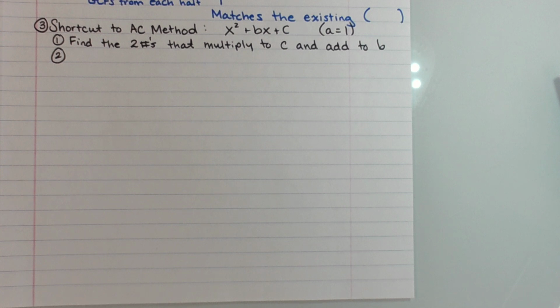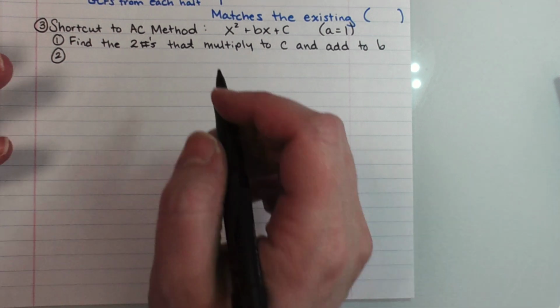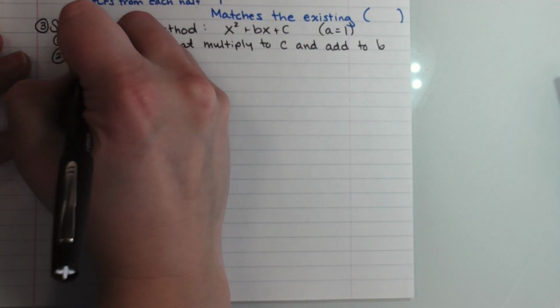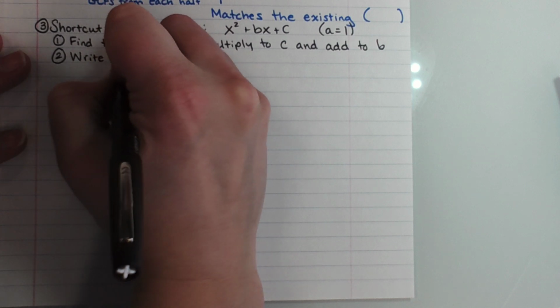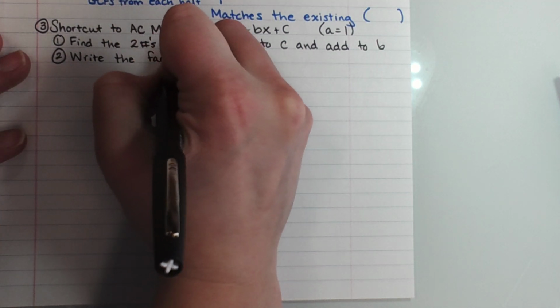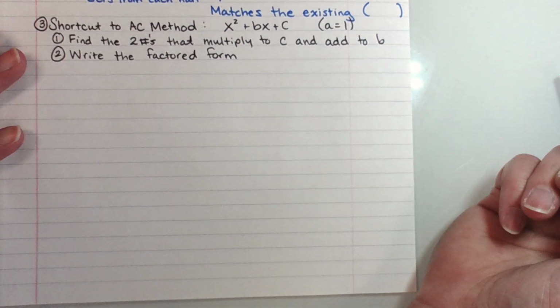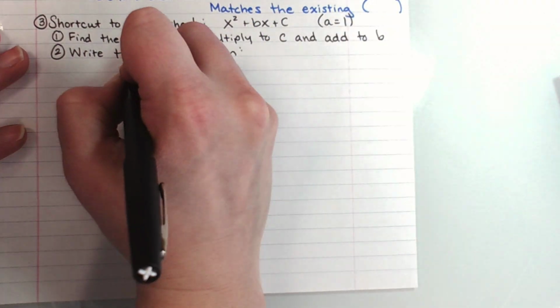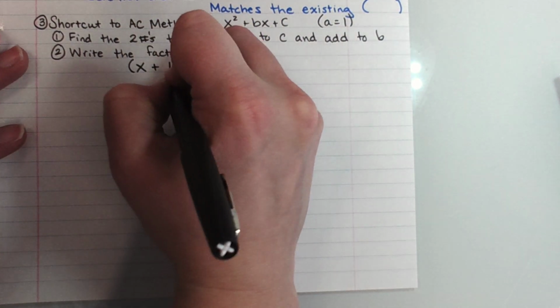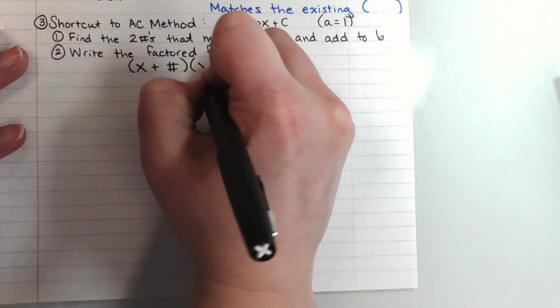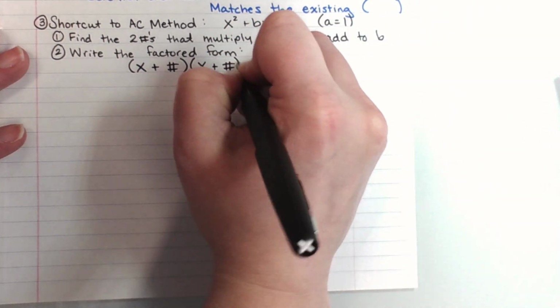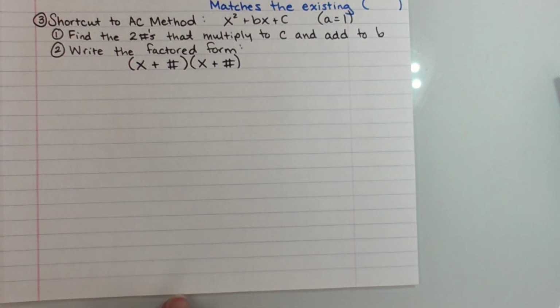In the shortcut, you do not. In the shortcut, you can go directly to writing in the full factored form, where it'll be x plus one of the numbers and x plus the other number. If they're negatives, plus a negative is minus.